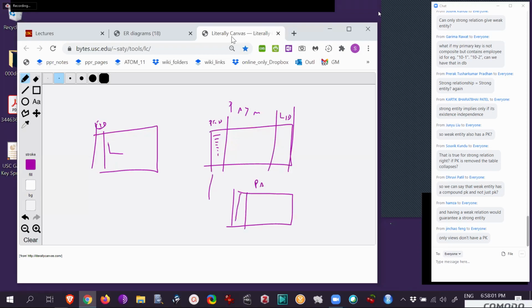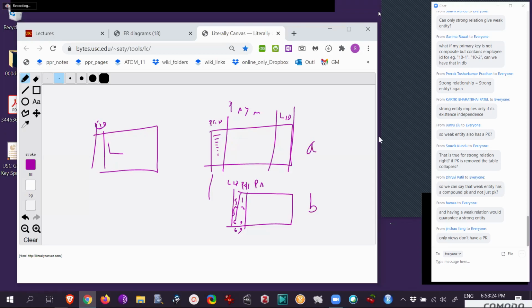One column is the same loan ID and then the payment number. So I can have 5-1, 5-2. I can have 6-4, 6-9. So which one is a weak entity? In which case does it make it a weak entity? Payment will become a weak entity when, case A or case B?